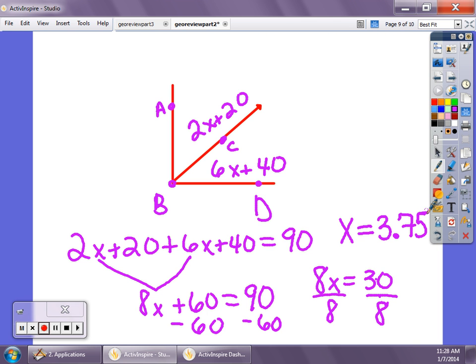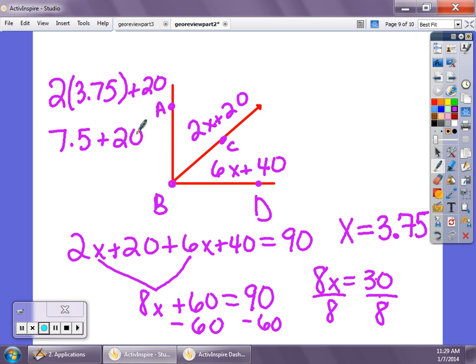How would I do 19B? What do I need to do? Plug it in. Okay, so I'm going to do 2 times 3.75 plus 20. That is 7.5 plus 20, which is what?